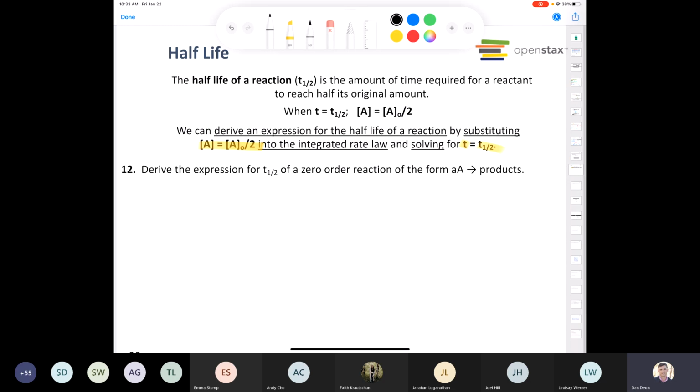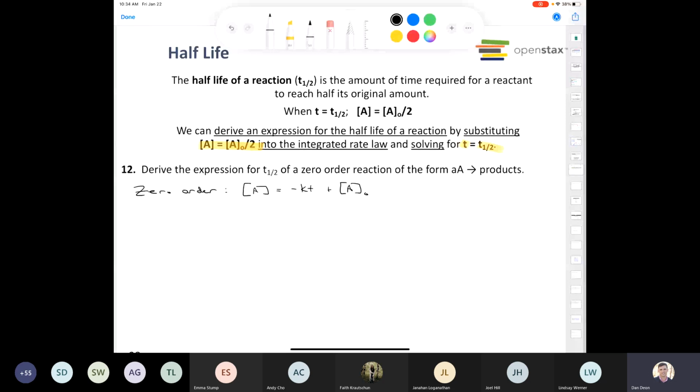It says here, derive the expression for half-life of a zero-order reaction of this form. We've already looked at the y equals mx plus b form of a zero-order reaction, so we know that a zero-order integrated rate law is going to look like A is equal to negative KT plus A initial, the initial concentration of A.